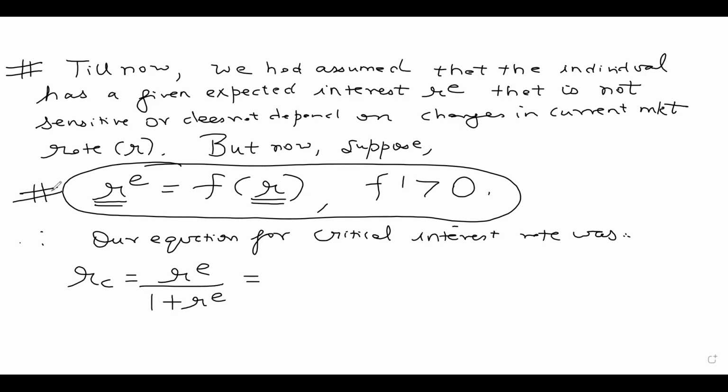But what is RE? Under the assumption that the expected interest rate depends upon the actual interest rate, I can write RE as f of R, so RC is f of R upon 1 plus f of R. And this I can call another function h of R for simplicity. H of R is nothing but f of R upon 1 plus f of R.